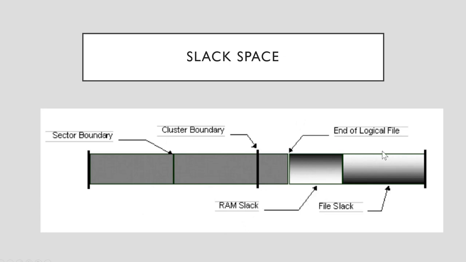So 1, 2, 3 and a half, it was full until here, and the last sector was used. Then I deleted that file, so these sectors were marked as unallocated again, which means they are available for new writing operations.